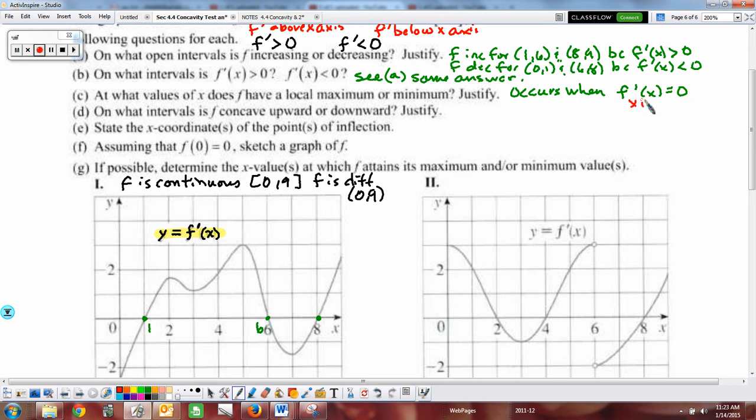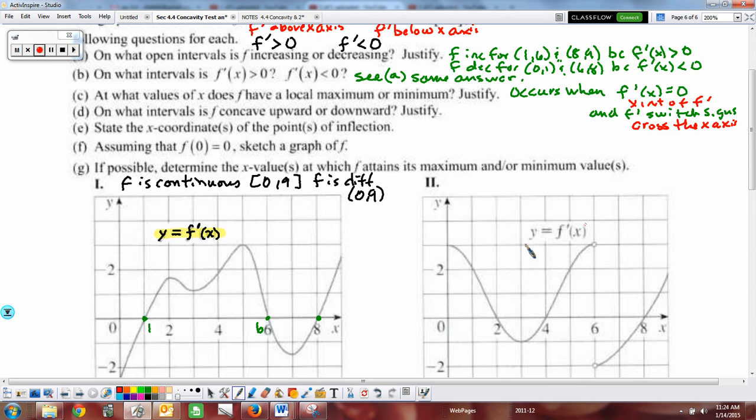That means an x-intercept of f prime, or it does not exist, but we don't have that case here. Just because f prime equals 0 is not enough. f prime has to switch signs, which on the graph basically means you need to cross the x-axis. You can't go up and bounce and come back down. You actually have to cross the x-axis.